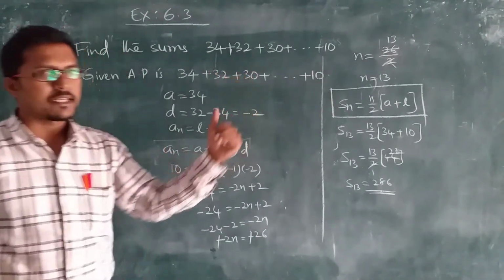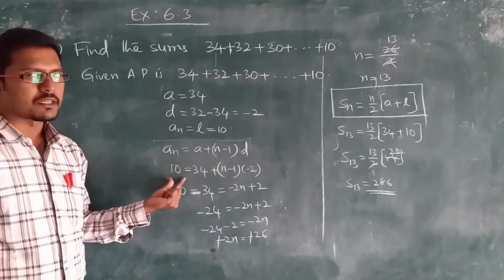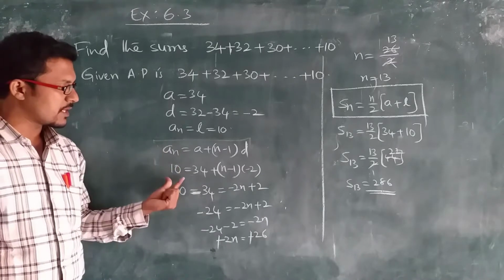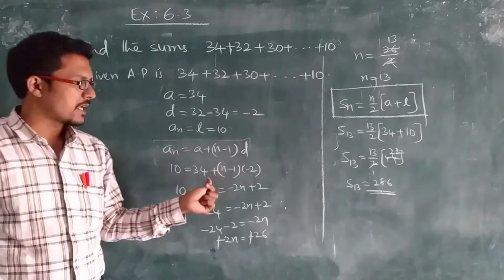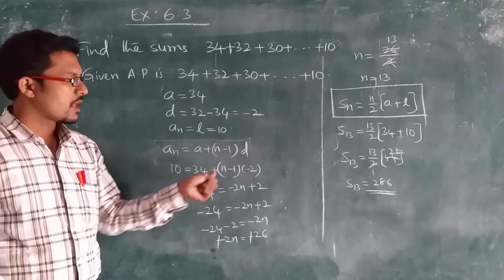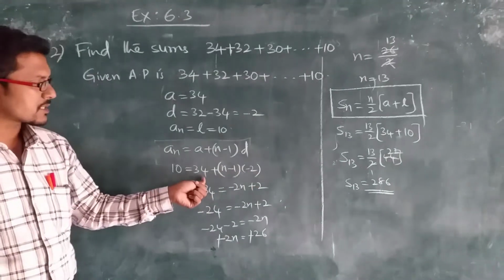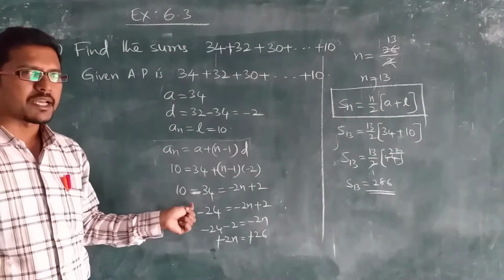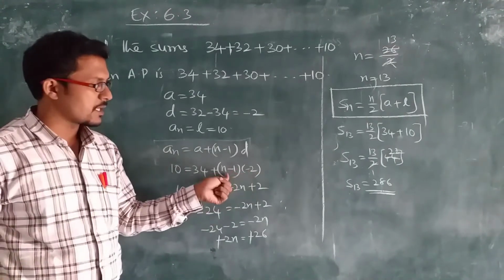To know that, we have to write the nth term here. 10 is the nth term, so instead of an we write 10, and the remaining a and d are substituted as they are: a is 34 and d is minus 2. Let us transpose this 34 to the LHS, so that becomes 10 minus 34 is equal to minus 2 multiplied with n minus 1.